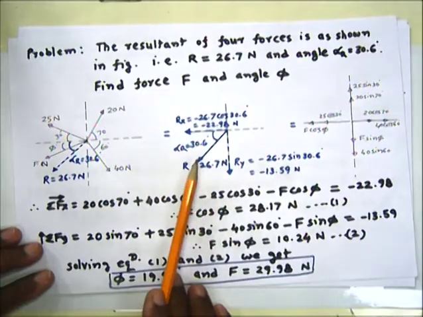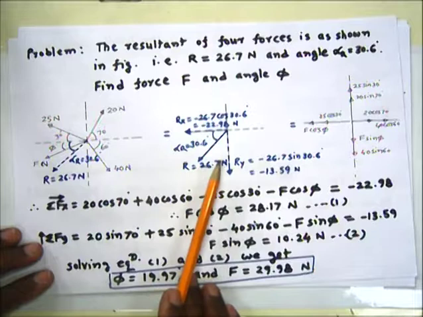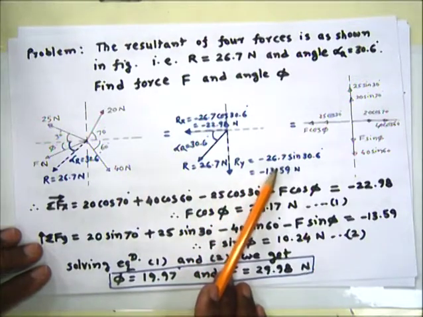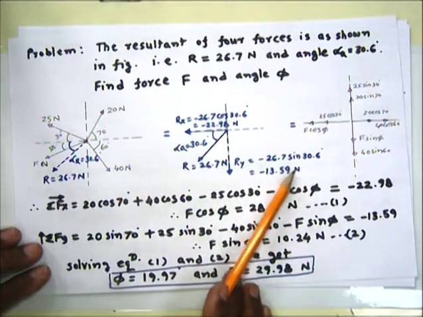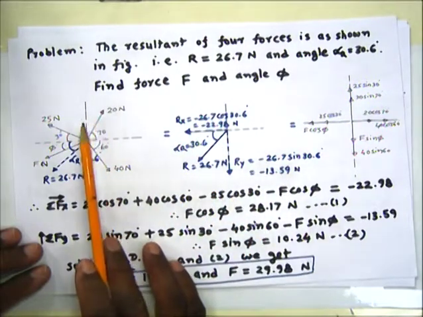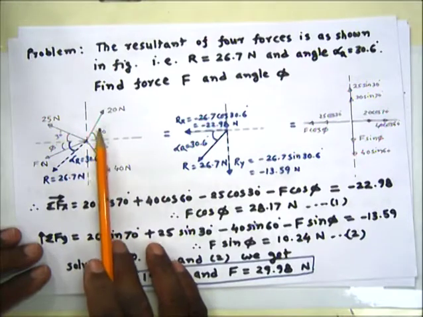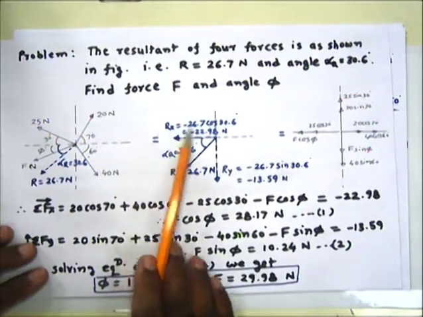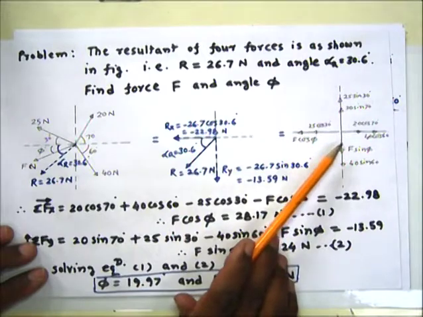The component of resultant R along y is minus 26.7 sin 30.6, so that is minus 13.59. Then also writing the components of all the 4 forces, we will have a simplified figure like this.